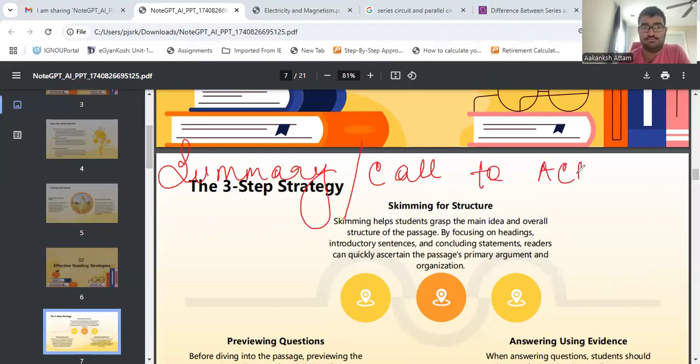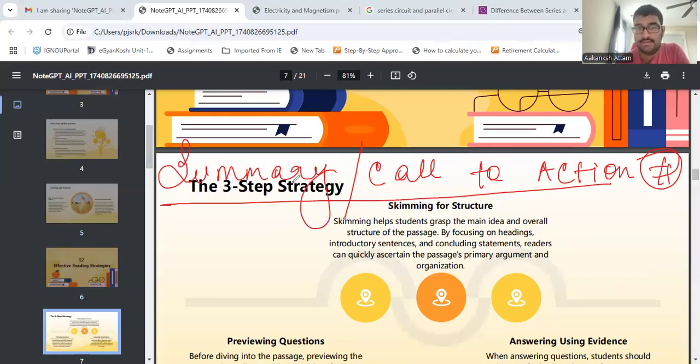This is something which we have covered in the presentation, right? Did you remember the structure or forgot? The structure would be like the introduction, body, and conclusion. Now, my question to you is what is summary and what is call to action?